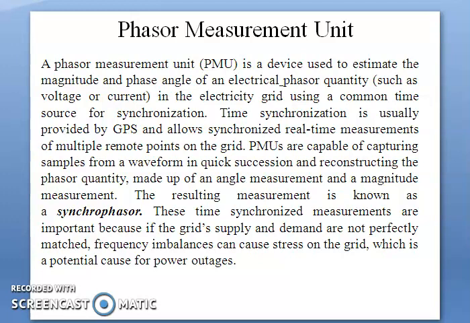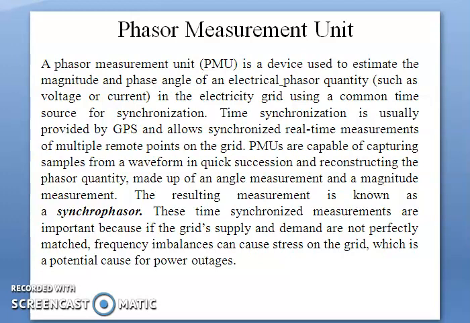Now this time synchronization is usually provided by the GPS and allows synchronized real-time measurements of multiple remote points on the grid. These phasor measurement units are capable of capturing various waveforms in quick succession and reconstructing the phasor quantities, which are then used to make up the angle measurements and magnitude measurements. The resulting measurement is known as the synchrophasor.